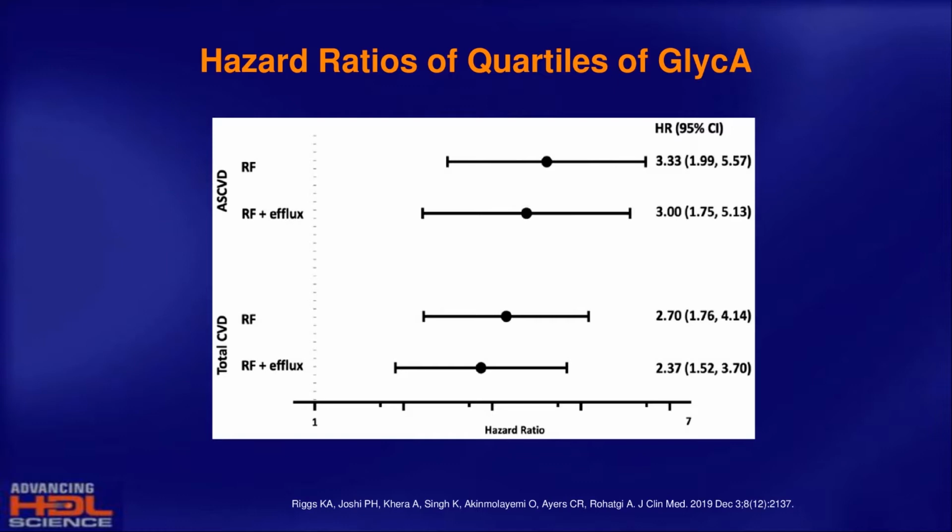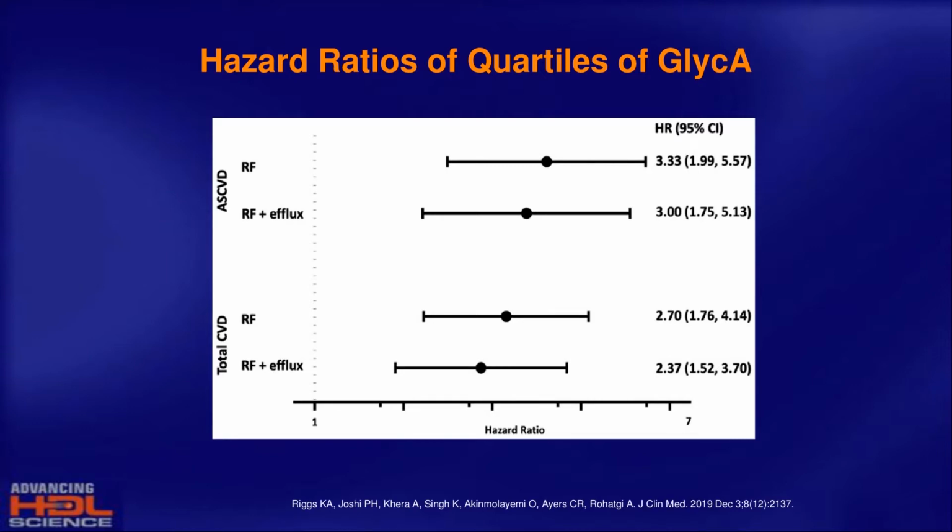And in this analysis from the Dallas Heart Study, we can see that after adjustment for major risk factors, the risk of atherosclerotic cardiovascular disease events increases 3.33-fold. And after including macrophage cholesterol efflux by the BODIPY assay into the model, the risks associated with GlycA remain elevated. Similar relationships are seen for total cardiovascular disease events.